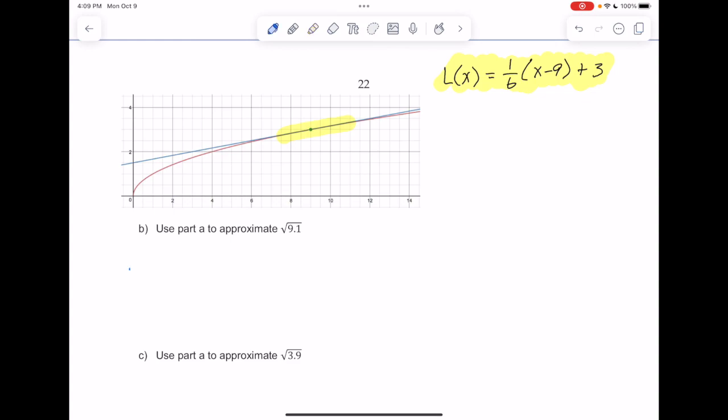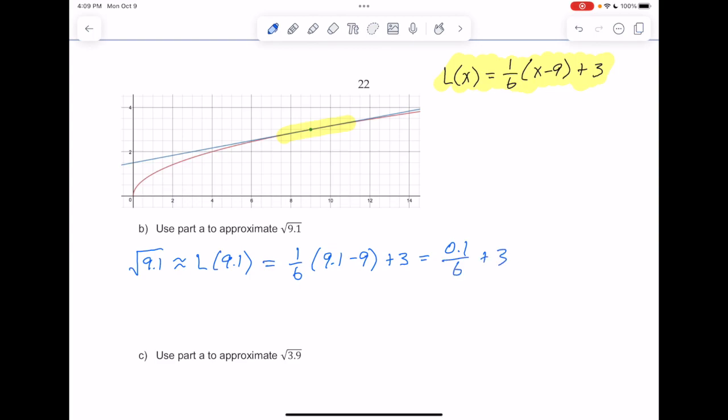We're going to say the square root of 9.1 can be approximated by looking at the linear approximation formula at 9.1, which would be 1/6 times 9.1 minus 9 plus 3. So 9.1 minus 9 is just 0.1, and then that's divided by 6 and plus 3.